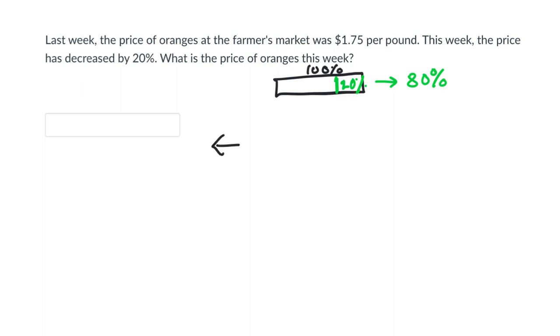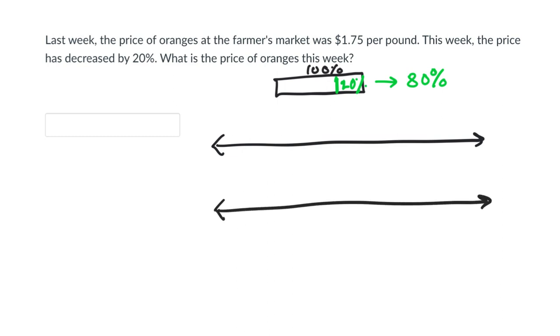If we look at our double number lines, we have 100%. The 100% was my original, so that's $1.75. Okay, we're decreasing by 20%. So let's make our 20% increments.